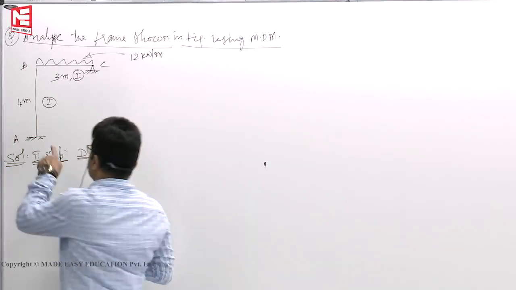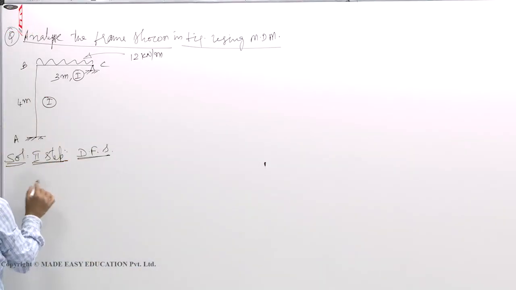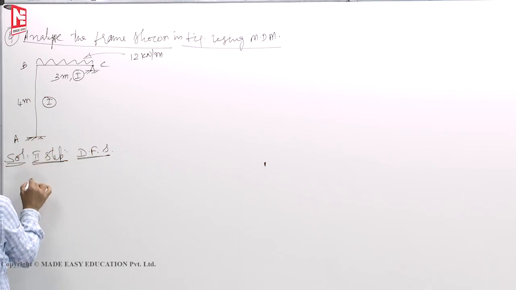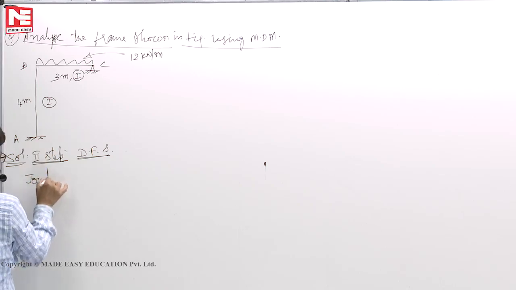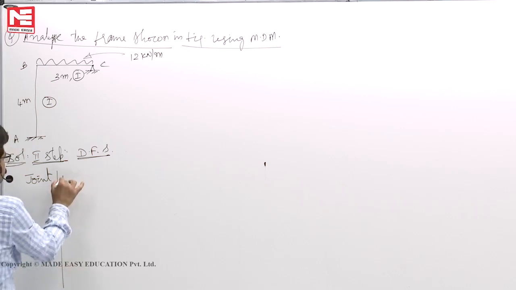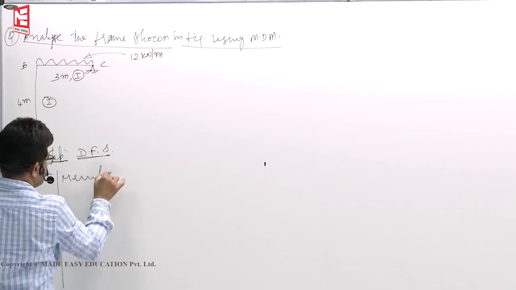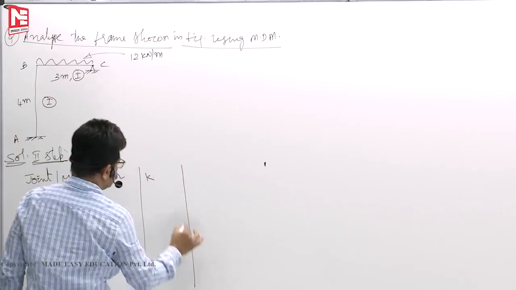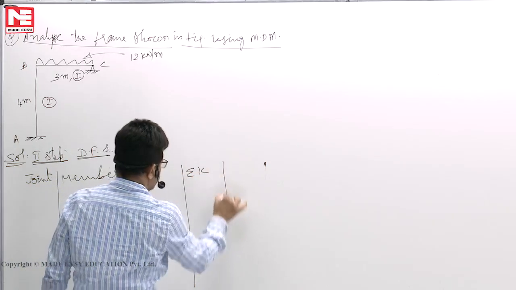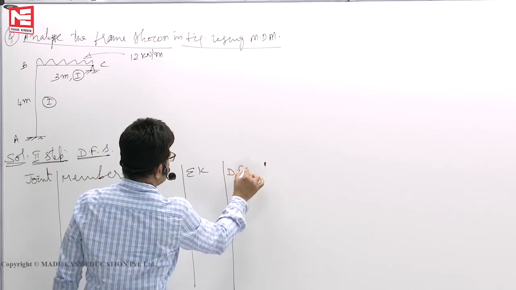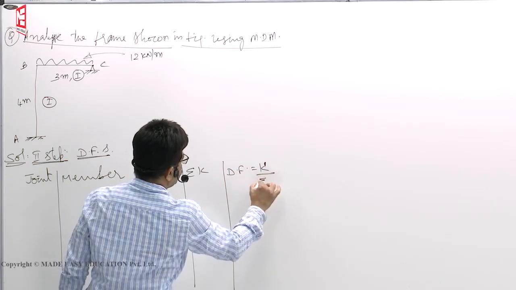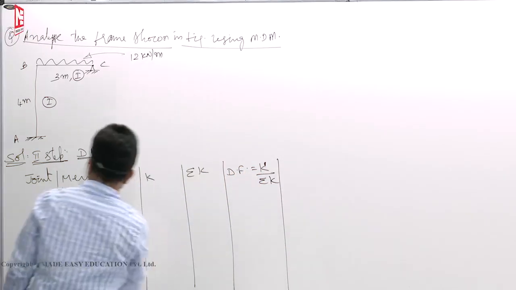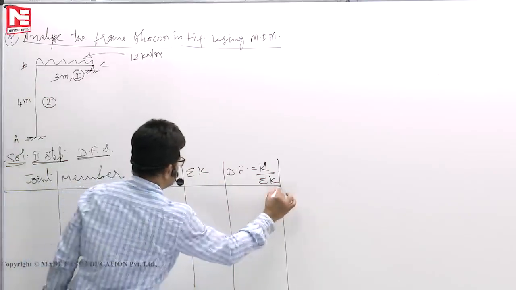Okay. Now let us see at A how to find the distribution factors. We list them out: joint, member, K, sigma K. Distribution factors are K by sigma K. Okay.